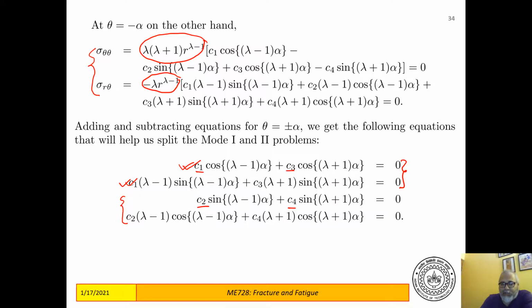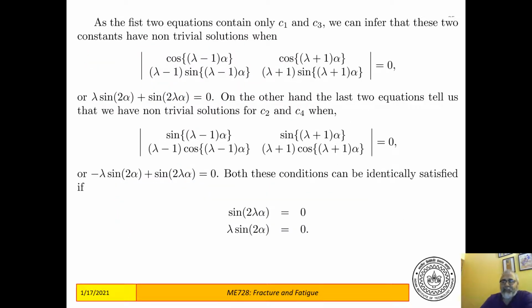So first let's look at C1 and C3. I need non-trivial solutions for C1 and C3, and then this determinant is equal to 0, which if I carry out this determinant, leads to this equation.